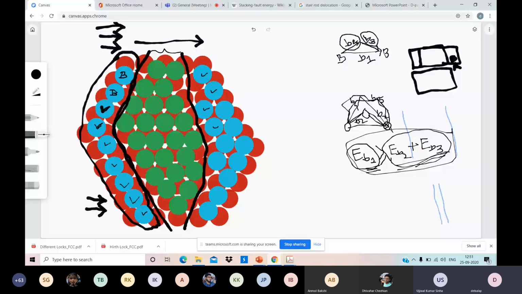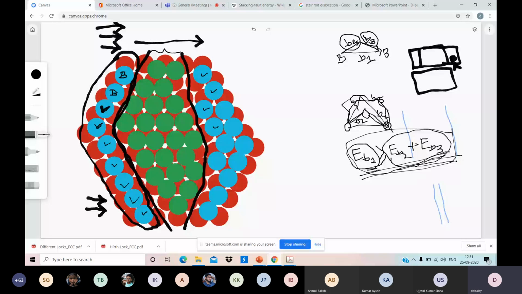Why not? Theoretically it should be correct, sir. Yes. This is what we were discussing today with Rakesh Barik, that if this condition is met, the possibility of a stacking fault is there.